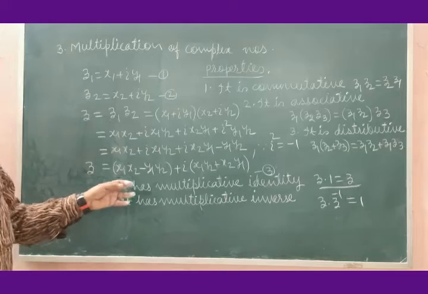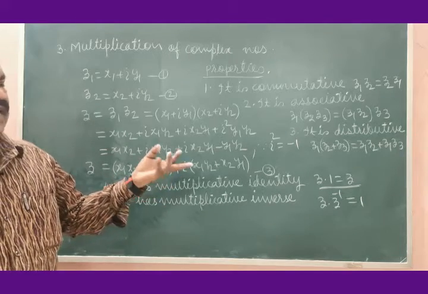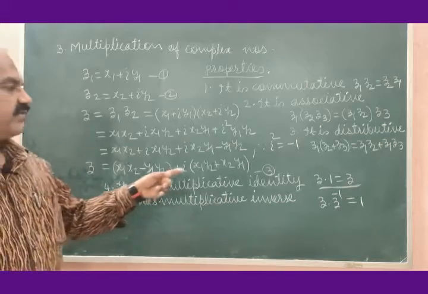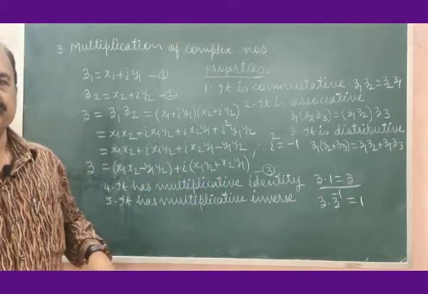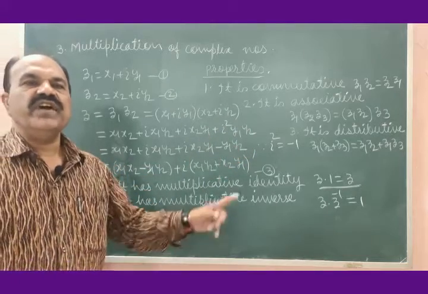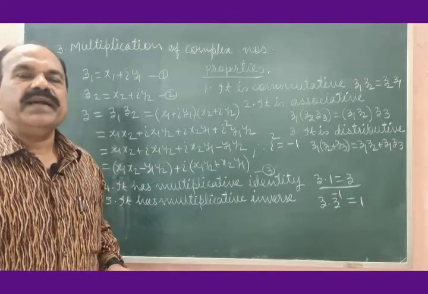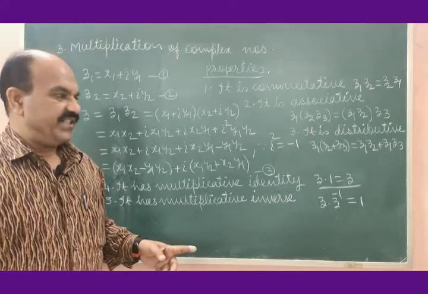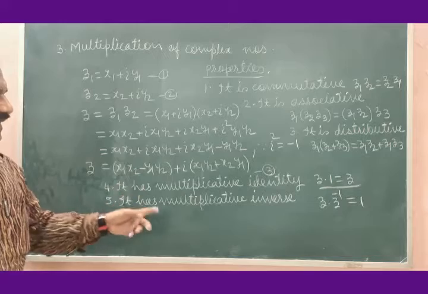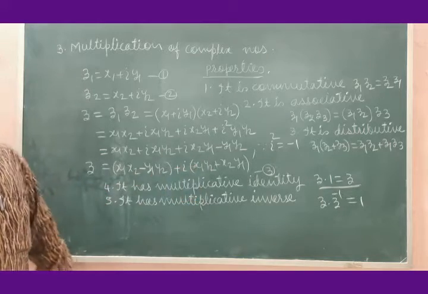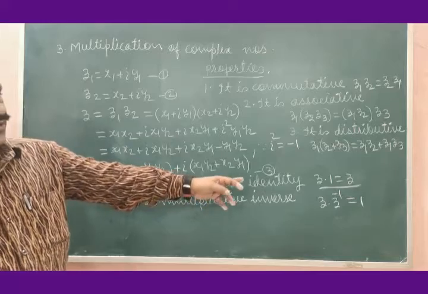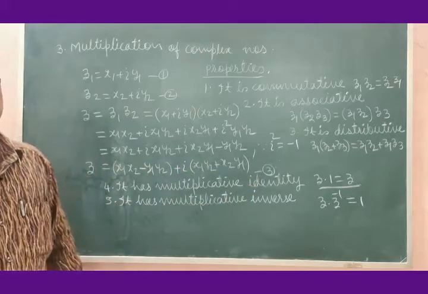Fourth one, it has multiplicative identity. It means that every complex number has multiplicative identity. That is Z into 1 is equal to Z, where this one is the multiplicative identity. And last one, it has multiplicative inverse. That is Z into Z to the power minus 1 is equal to 1.